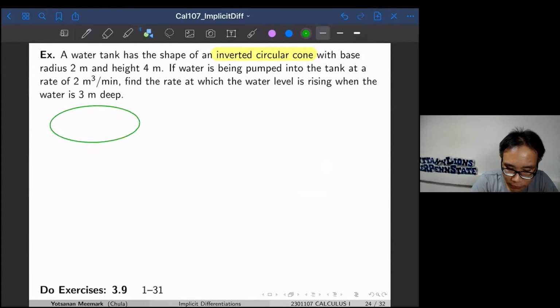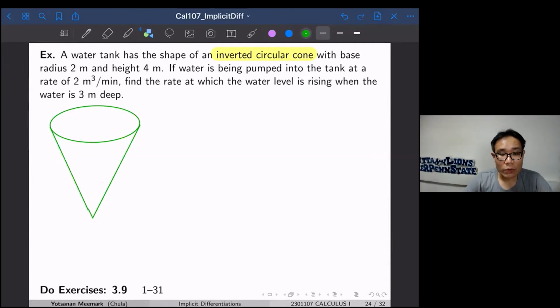Okay, so this is an inverted circular cone.